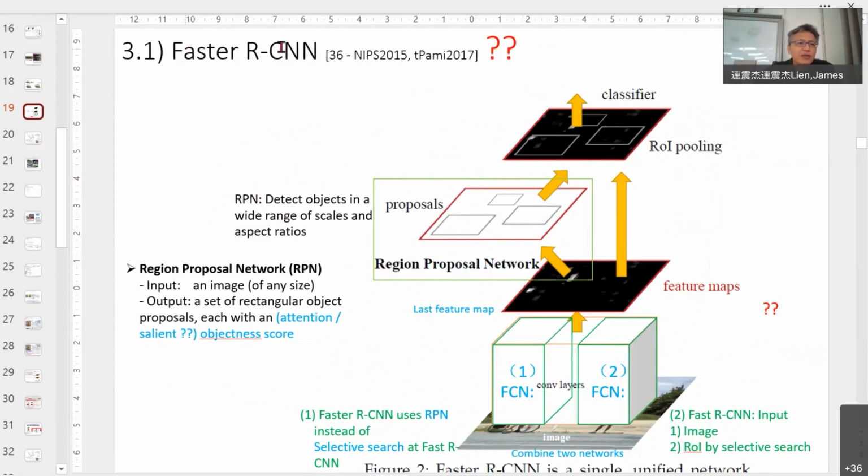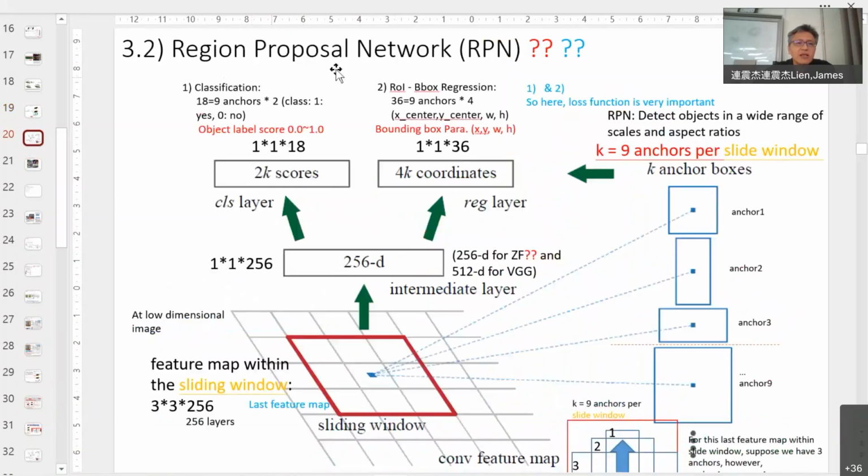For the RPN, it is first in the combined two networks, one and two. Only the RPN will include the bounding box.